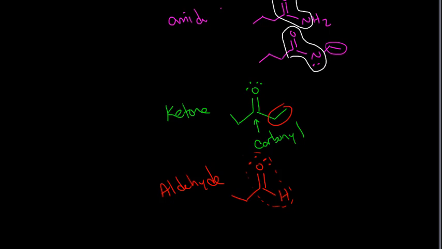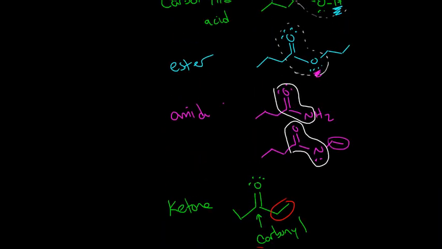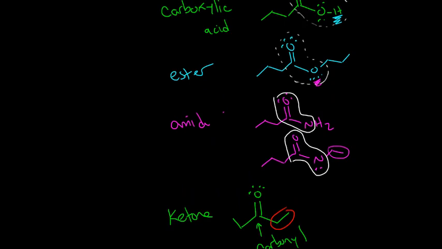Okay, so these are our 8 functional groups. Aldehyde, we have a carbonyl at the end of the carbon chain. Ketone, we have the carbonyl within the carbon chain. An amide has a carbonyl linked to a nitrogen. An ester has a carbonyl linked to an oxygen, all that's within a carbon chain.